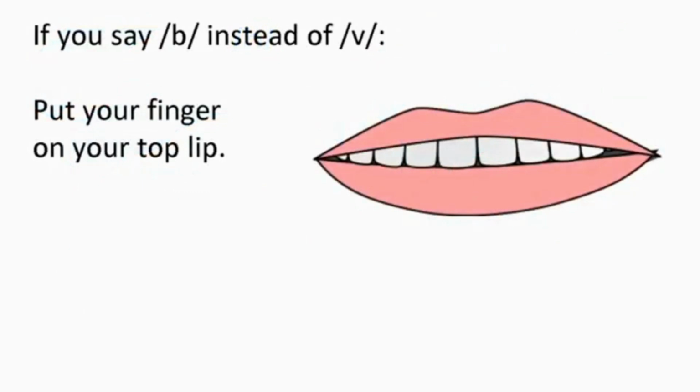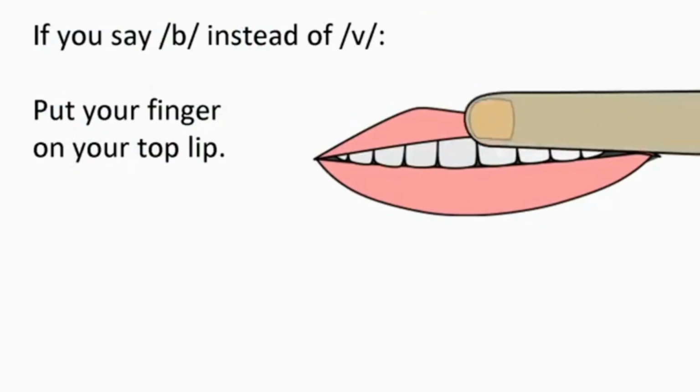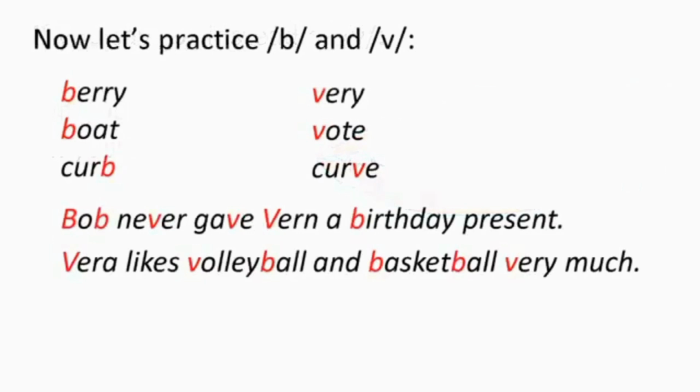If you sometimes say b instead of v, so that very sounds like berry, try putting your finger on your top lip so it can't come down to touch your bottom lip. Make sure your lips don't pop open when you're saying the v sound. They should stay still. Now let's practice b and v.